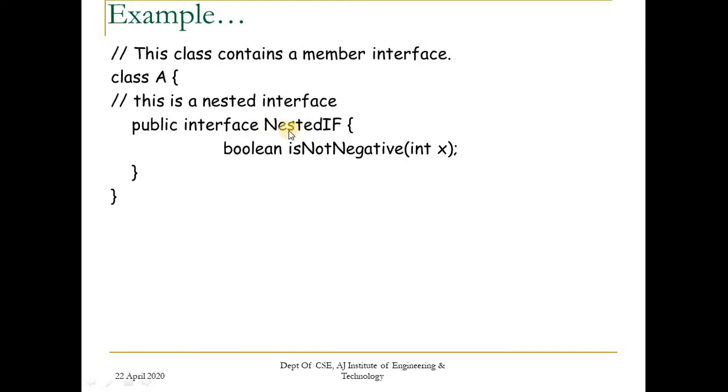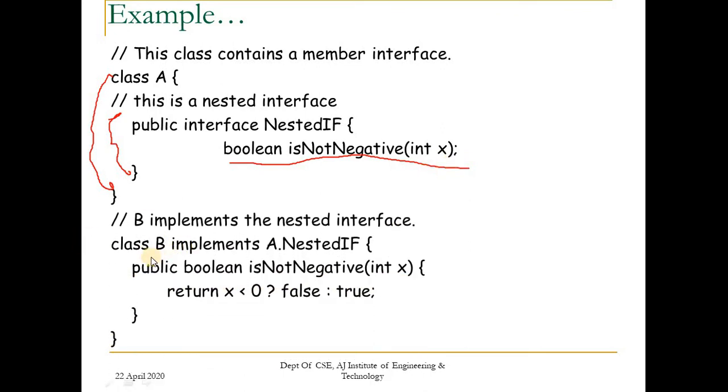The name of the interface is NestedIF. This interface provides just the declaration of the method isNotNegative, because it is an interface. So we have enclosed this interface within class A. The method isNotNegative returns a boolean and takes one integer parameter.